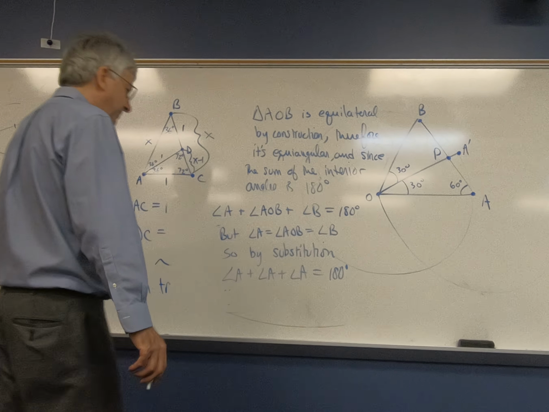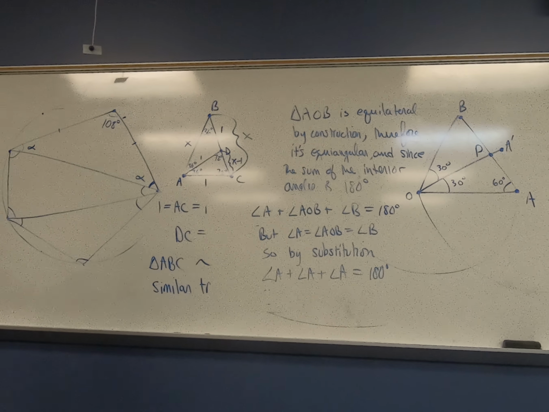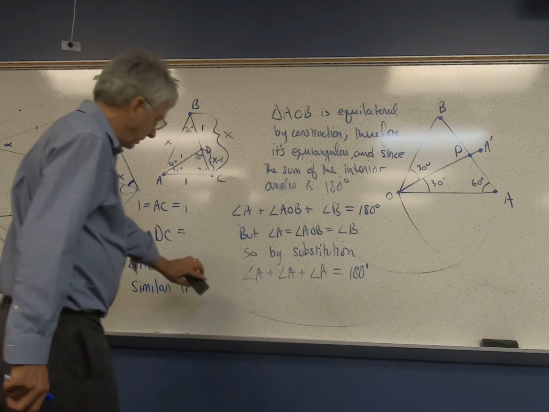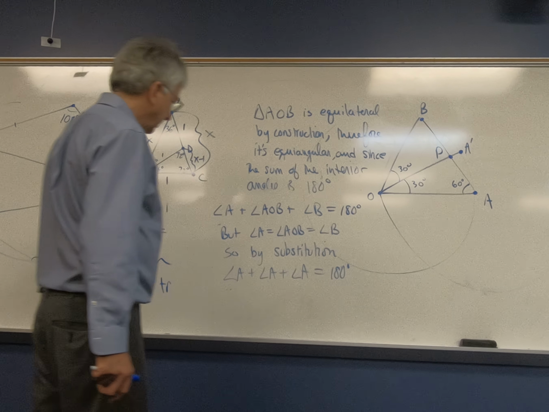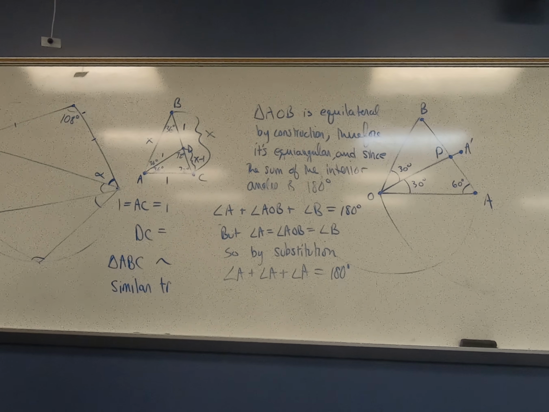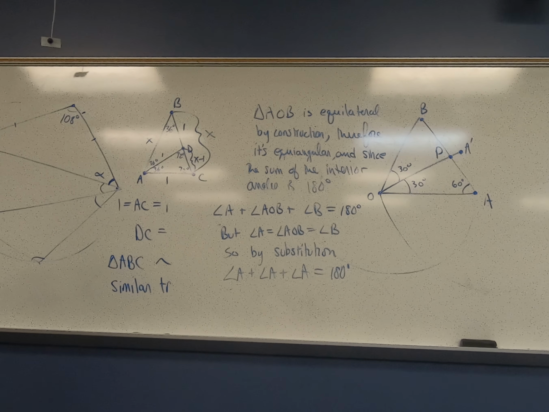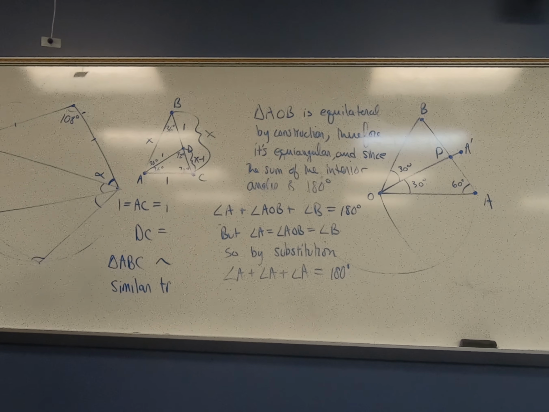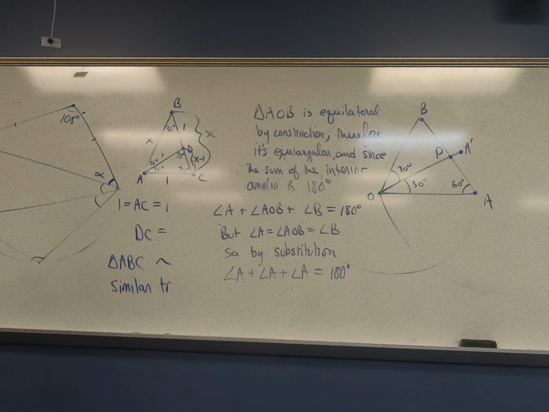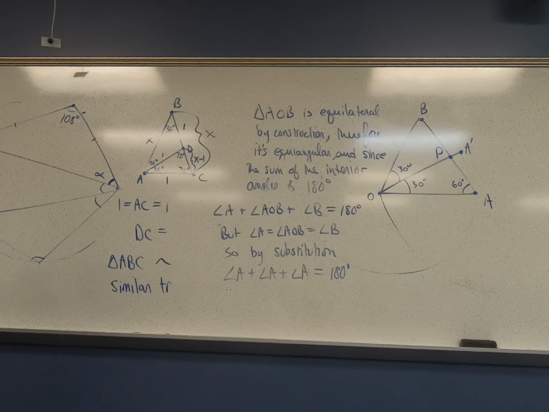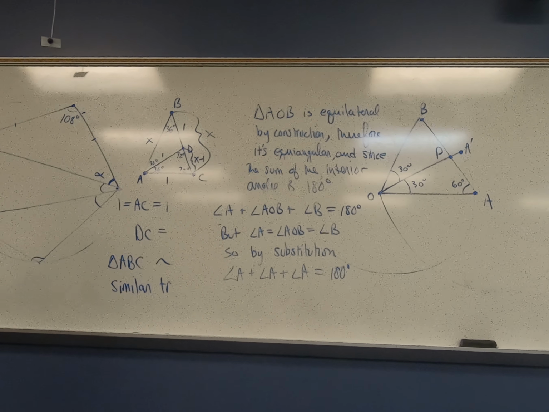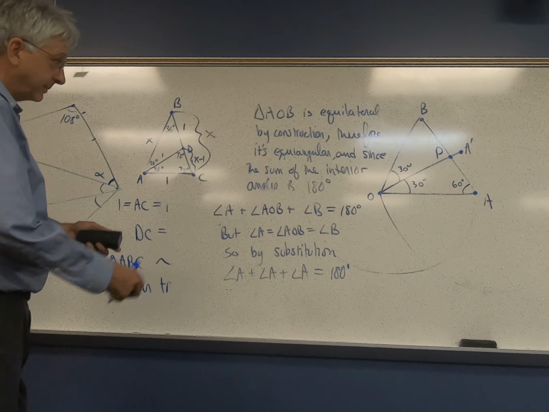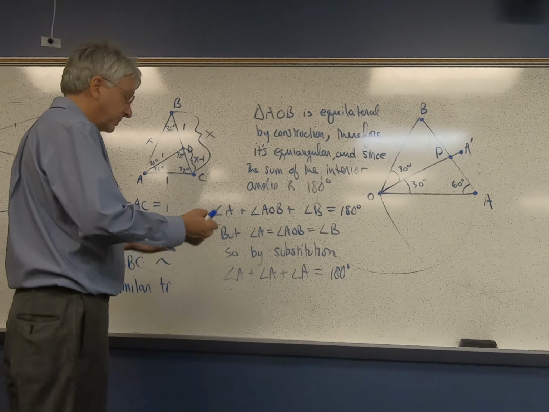And I have to say here that I am being a little bit sloppy, and you may be thinking that I'm being too careful. But in fact, the angle is not its measure. The angle is an object, right? And so we often conflate the two, though, right? We substitute the measure of the angle for the angle itself. We think of them as sort of interchangeable in some sense.